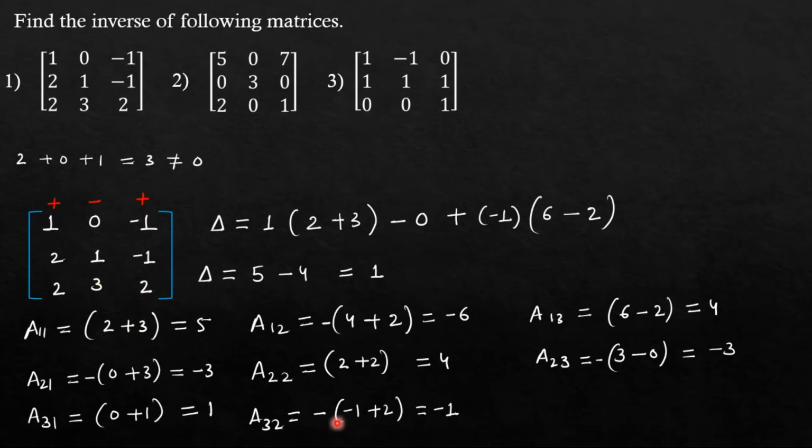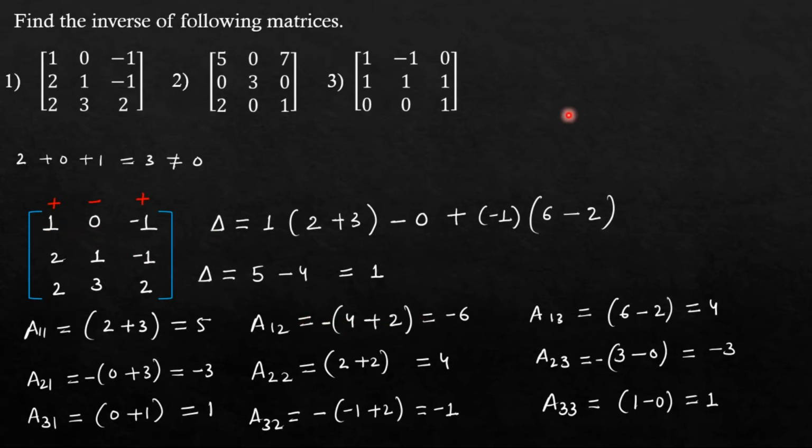So 1 into minus 1, minus 1, 2 into minus 1, minus 2, minus minus plus, plus 2. 2 minus 1, 1 with a minus sign, minus 1. Now last, A33. I will neglect this column and this row. 1 into 1, 1, and 2 into 0, 0. 1 minus 0, 1. So I have calculated all the cofactors for each element.